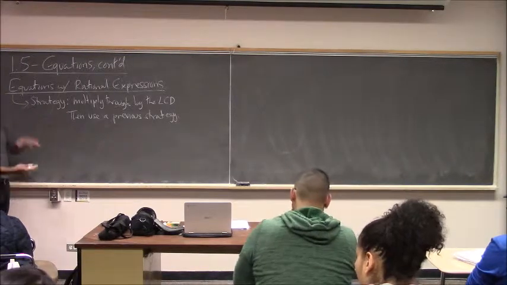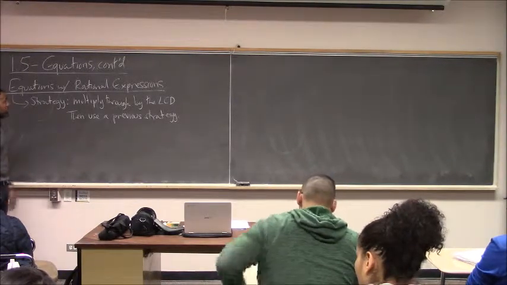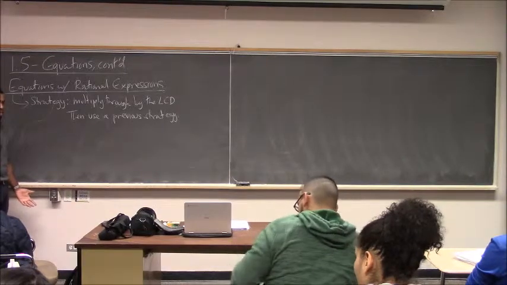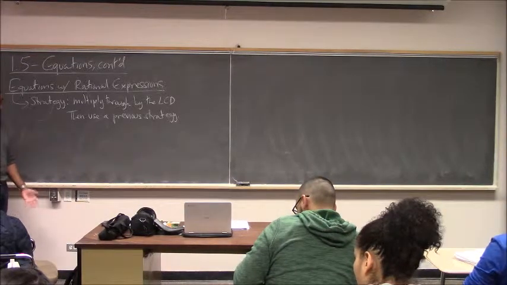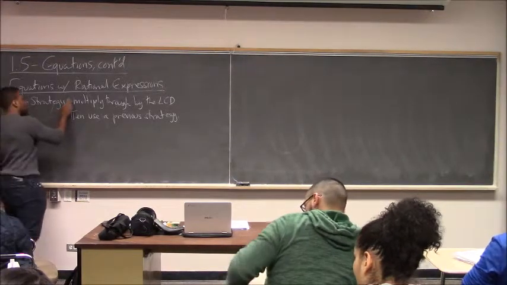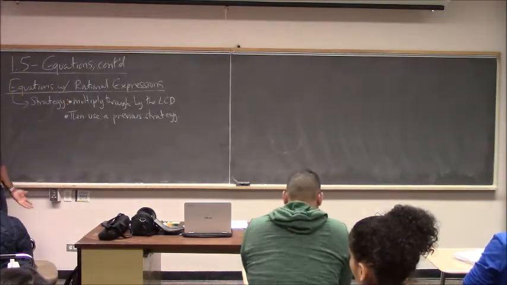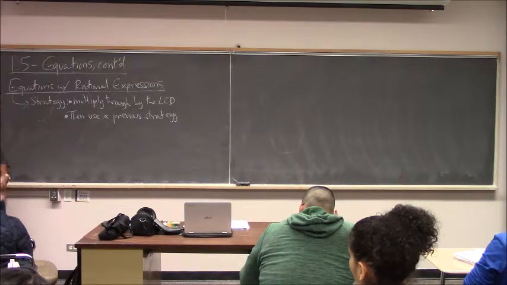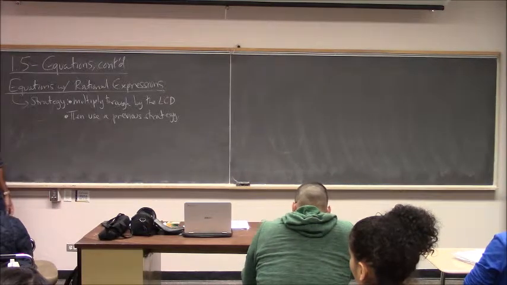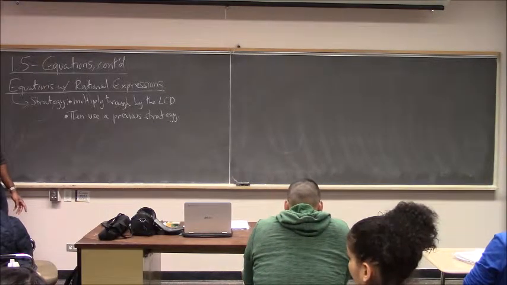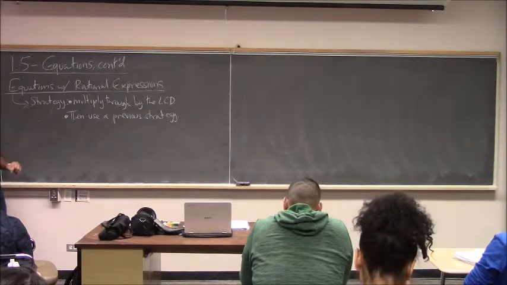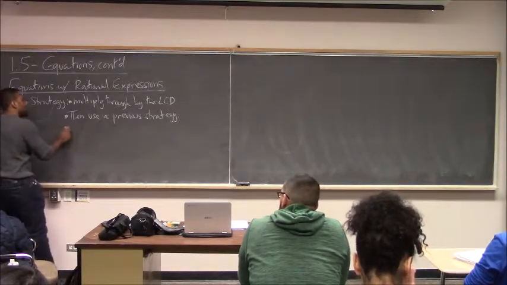So rational expressions, when you have a division of expressions, and find the LCD, multiplying through will kill all the denominators, so now you don't have fractional rational expressions anymore. And you'll use the previous strategy, so it might be linear after you multiply through, might be a quadratic, might be something else that you have to factor to solve. And again, in this case, it's also very important that you check your answers.